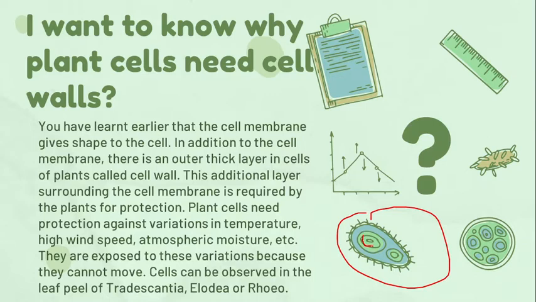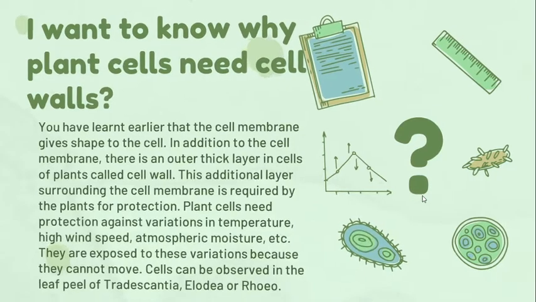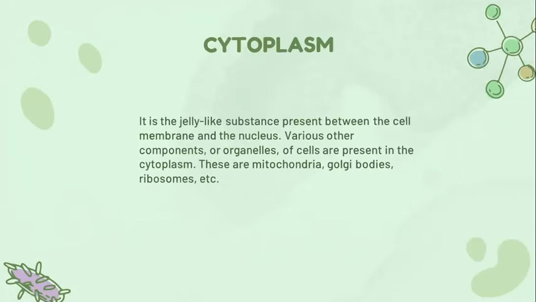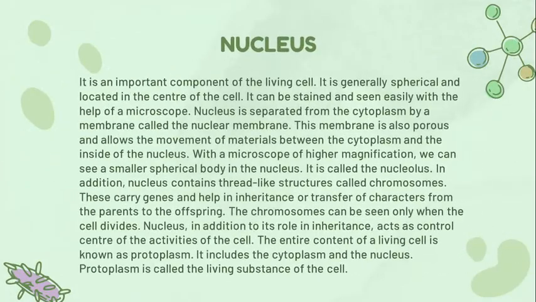This nucleus has another part inside it, the nucleolus, and the nucleus is bounded by another boundary, which is called the nuclear membrane. This is the nucleolus, and this is the nucleus.